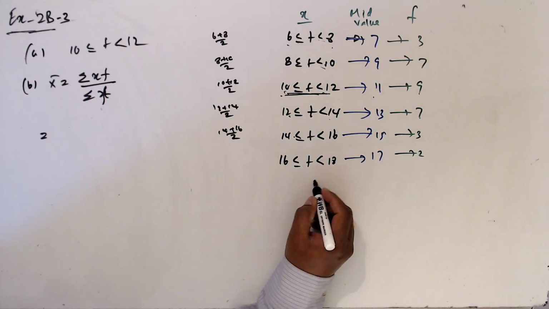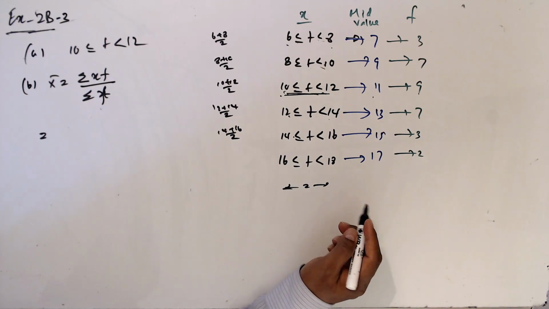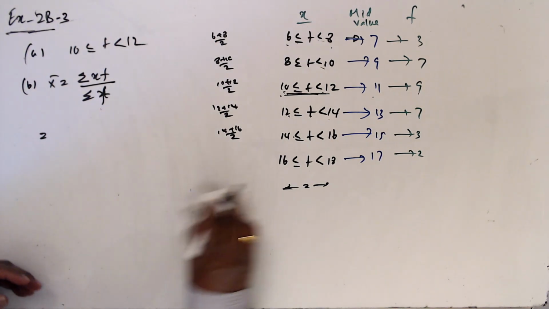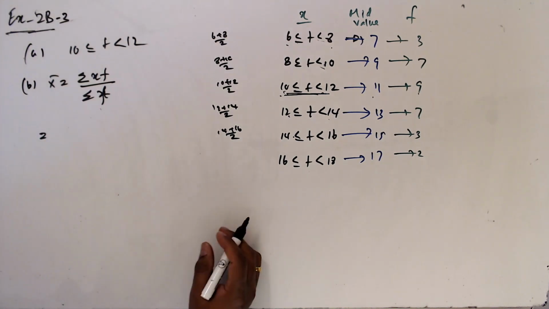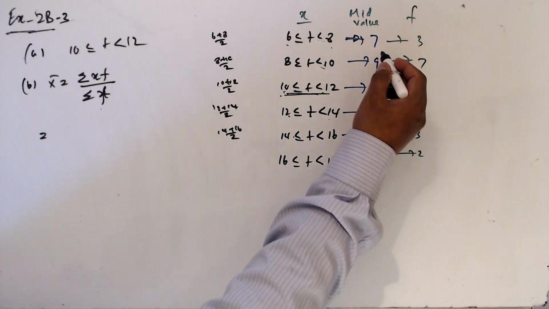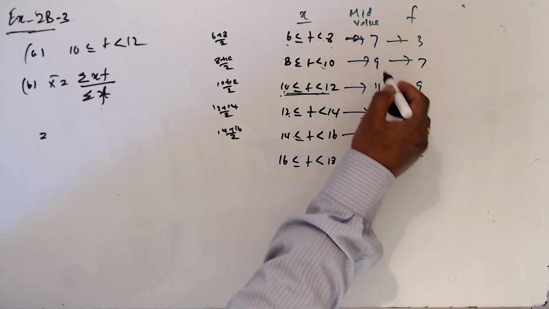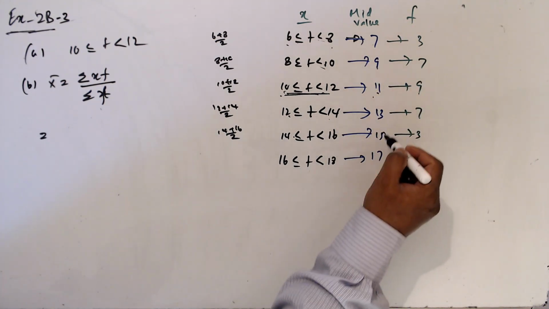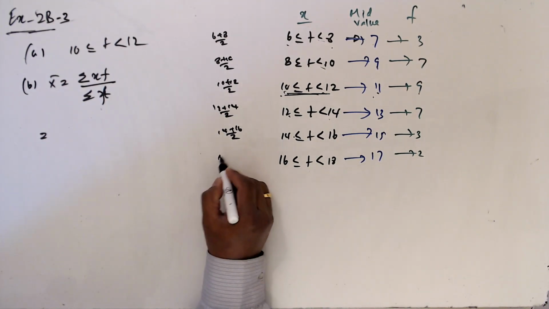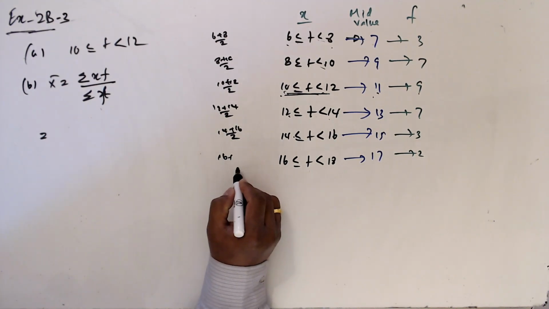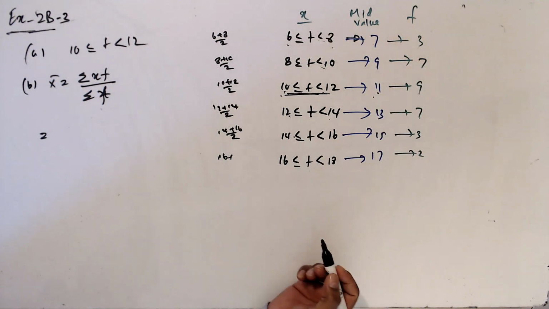It means the class width is 2 basically. So the class width is the same. Then when you know the first value, 7 plus 2 is 9, 9 plus 2 is 11, 11 plus 2 is 13. Likewise you can add, but you have to check always. So those are the middle values.